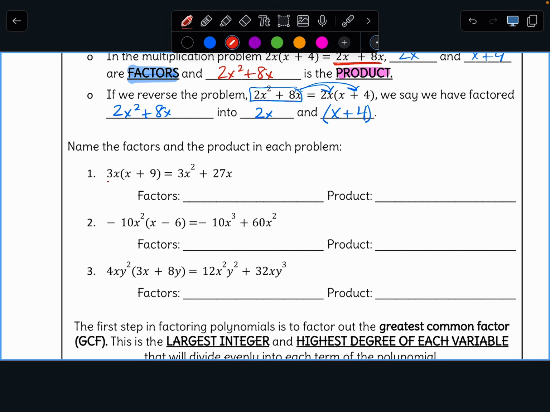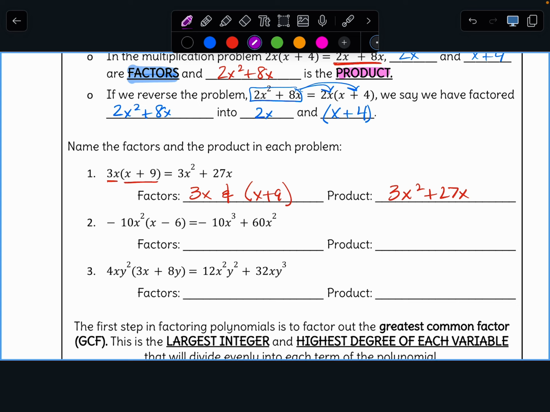The factors are the two small pieces generally on the left. So the factors are 3x and x plus 9. That means the product, or when I multiply them, I get 3x squared plus 27x.